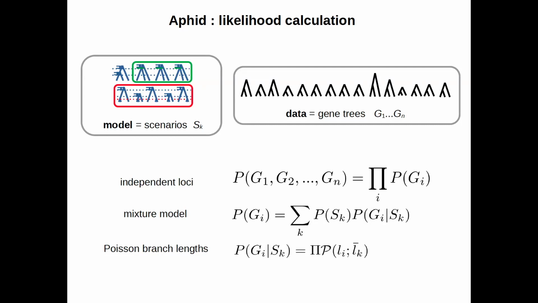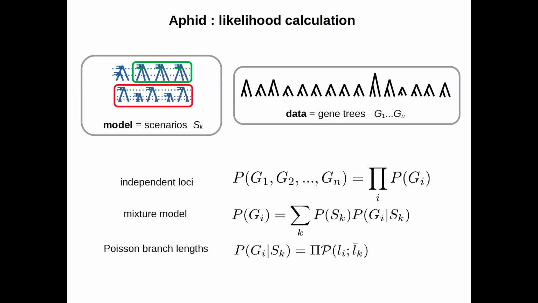And finally, the likelihood of a gene tree given a scenario, well, this is 0 if the gene tree doesn't have the topology predicted by the scenario. And if it does, then we simply write the likelihood of a gene tree conditional on the scenario as a product of Poisson deviates: every branch length of the observed gene tree is seen as a Poisson deviate of mean equal to the expected branch length given the scenario.